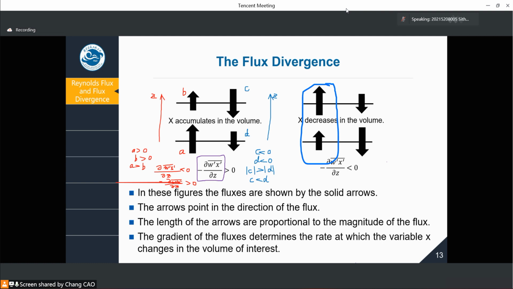Considering the length of arrows, the longer arrow is bigger than the shorter one. So this one is bigger than this one, so flux becomes bigger. You mean the flux gradient, right?